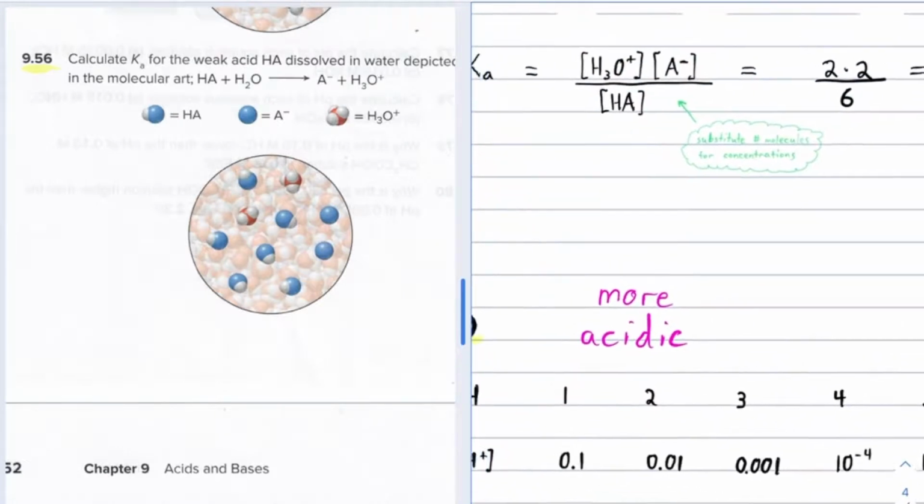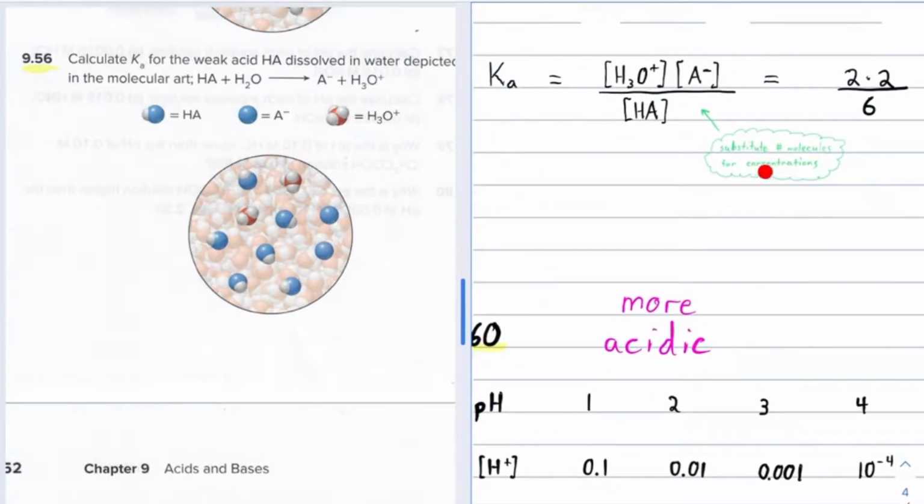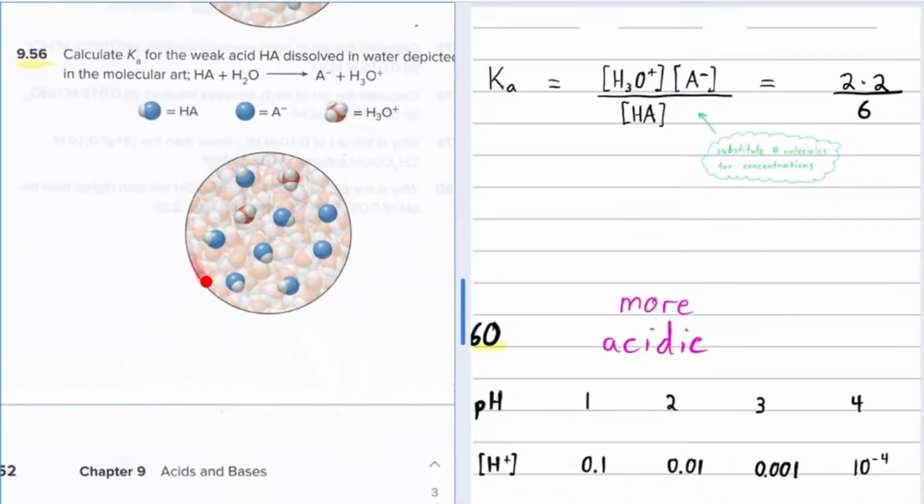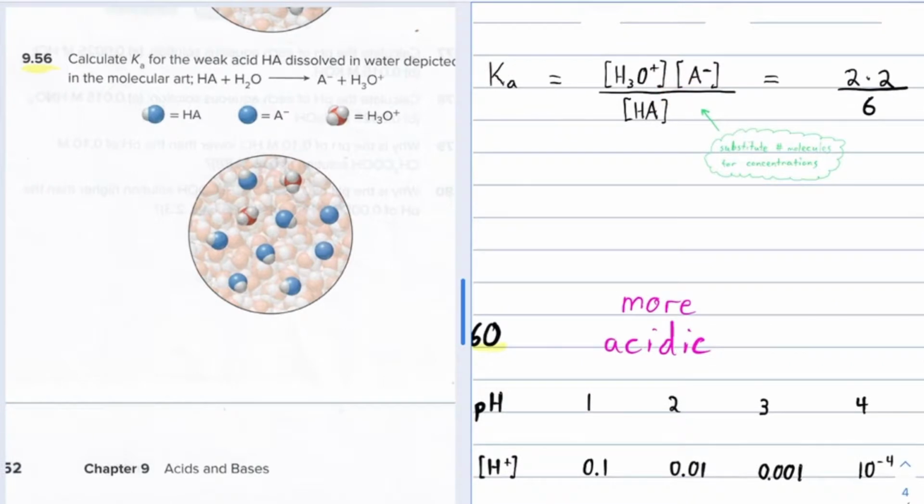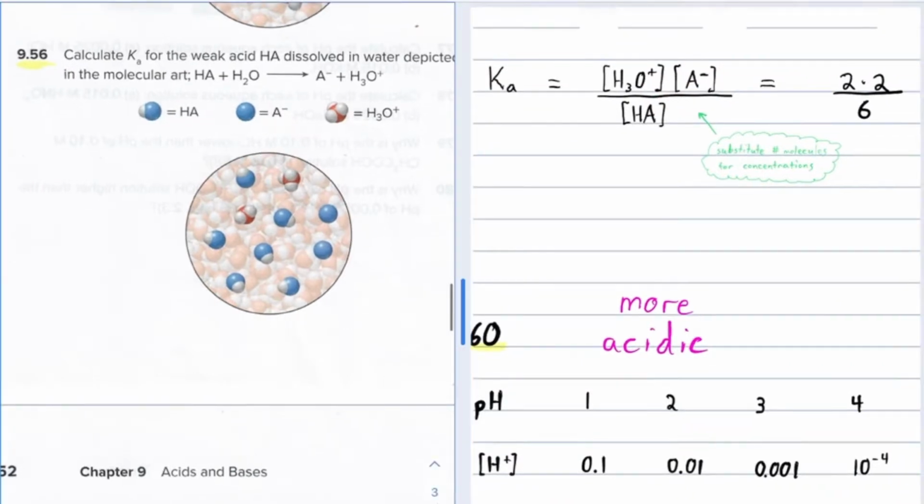Substitute the numbers of molecules in the picture for the concentrations. Since we don't have the concentrations, I don't know how many moles per liter, I can't plug that in, but we're going to assume that the numbers of molecules that we count in this small volume is going to be proportional to the molarity, and that's actually a good assumption.